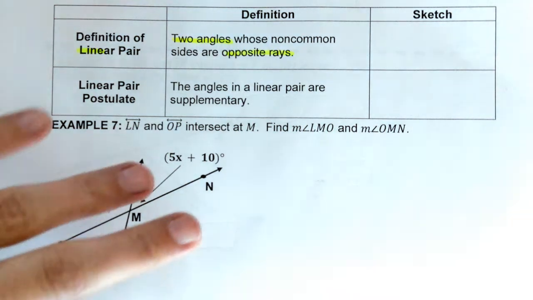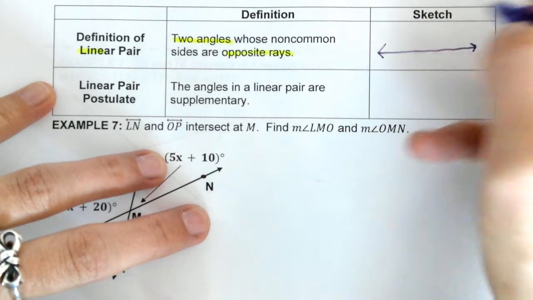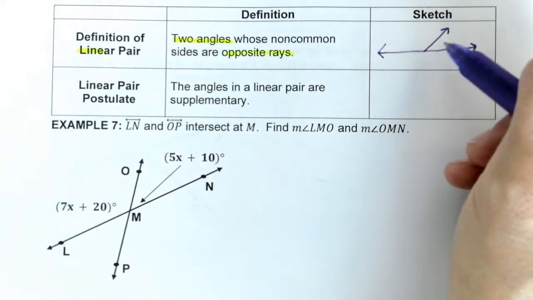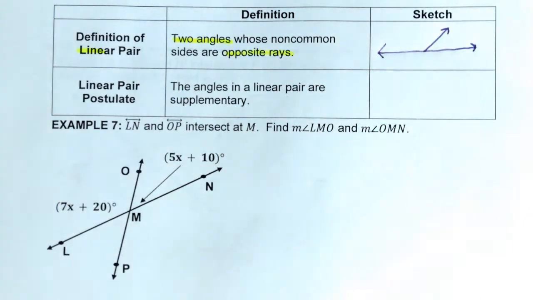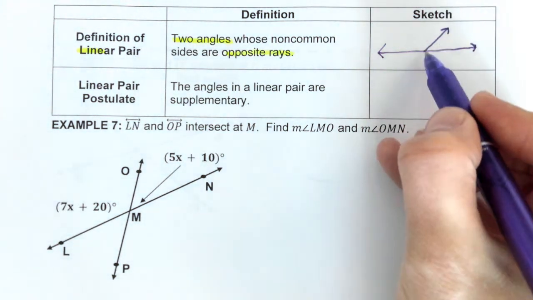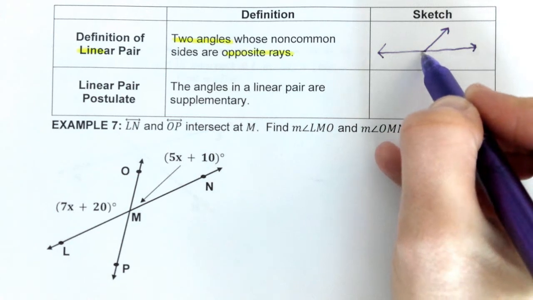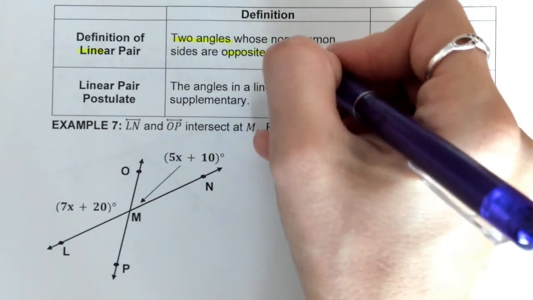So all we have here is a line, and we already saw this with supplementary angles, but they have to be connected. They have to be adjacent, okay? They cannot be disconnected. What they're saying is their non-common sides, from this vertex to the left and this vertex to the right, create opposite rays or a line.